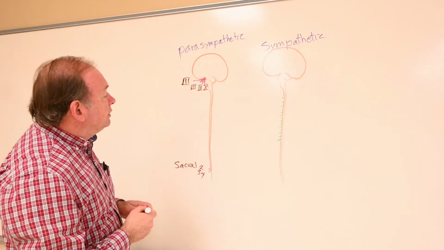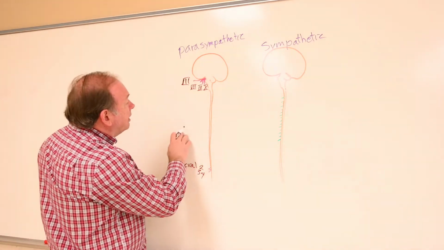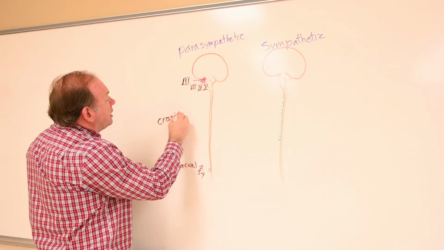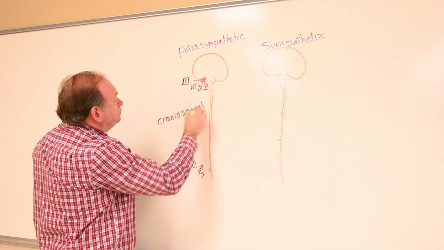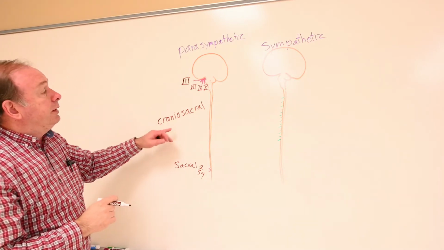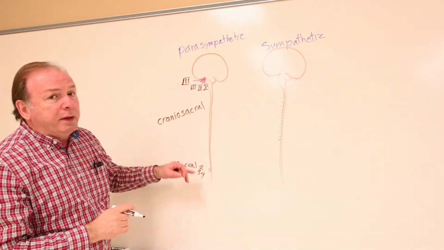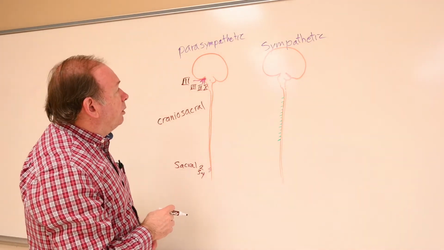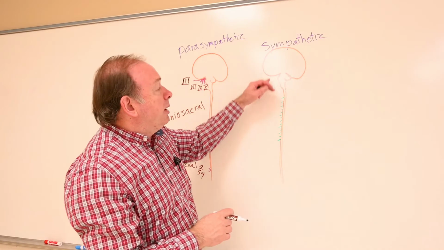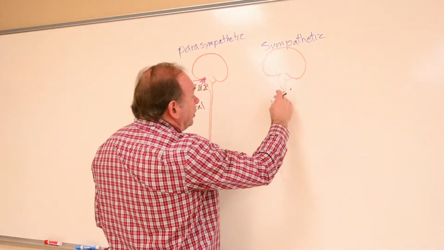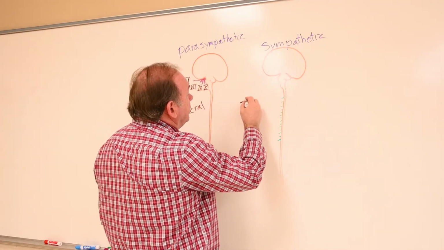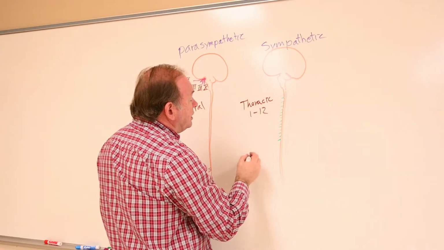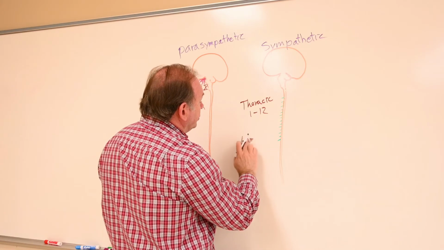For that reason, this is referred to sometimes as the craniosacral branch. It's just an alternative name based on where the nerve roots are for the parasympathetic branch. The sympathetic branch has their nerves originating here in thoracic 1 through 12, so all the thoracic region, and lumbar 1 and 2.